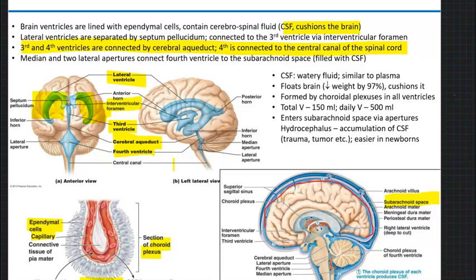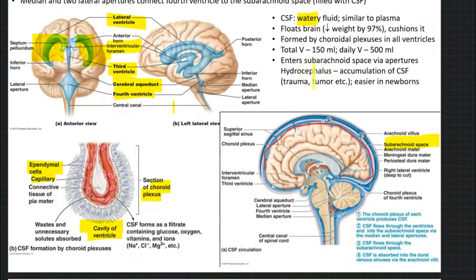So what are the components of the cerebrospinal fluid? First of all, it's water, of course. Cerebrospinal fluid is fairly similar to plasma in its composition.